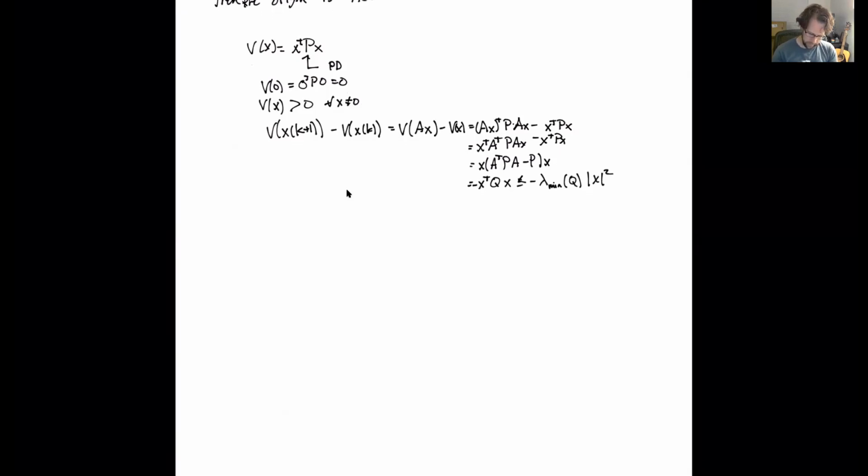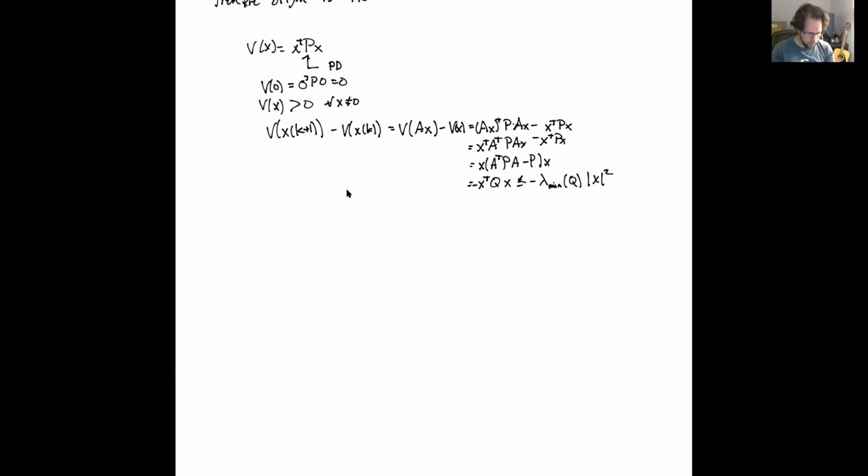So for all x not equal to 0, we have a strictly decreasing function, right? We have that the eigenvalues of Q are, let's say we pick, negative, or even if they're 0, we still have that they're less than or equal to 0, or less than 0, right?